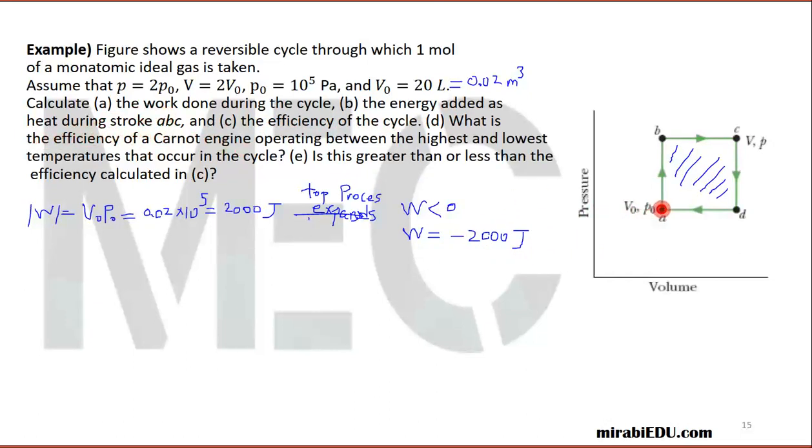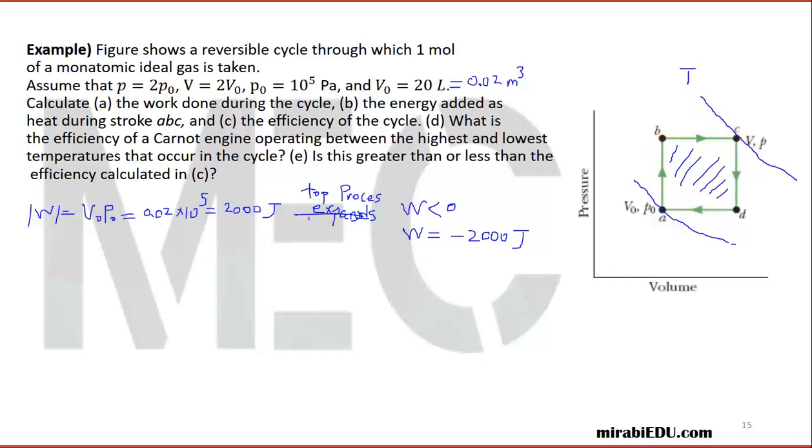So we learned that in AB heat is gained by the system, and in BC heat is gained. But in CD and DA, the heat is lost, because I said in PV diagrams, the isothermal curves are like this. So as we go top and to the right, the temperatures are increasing.